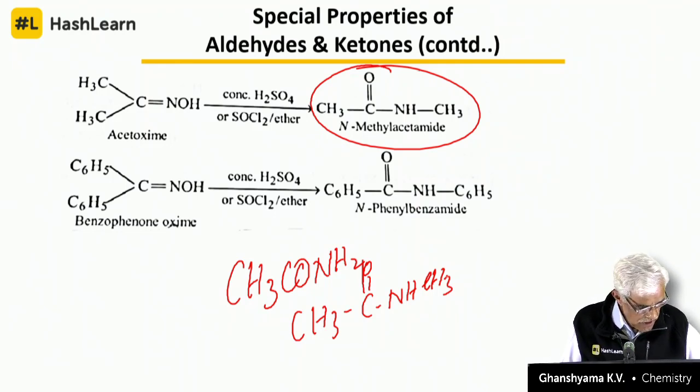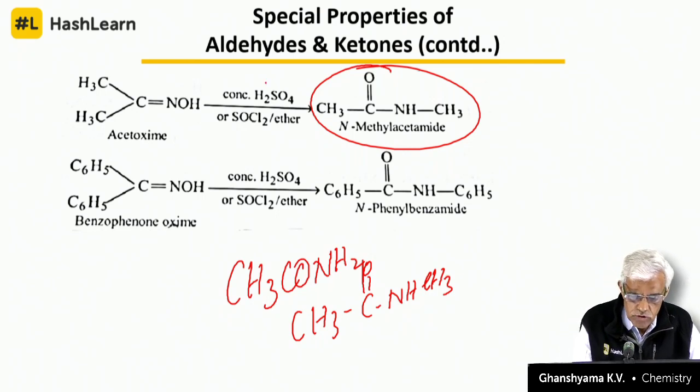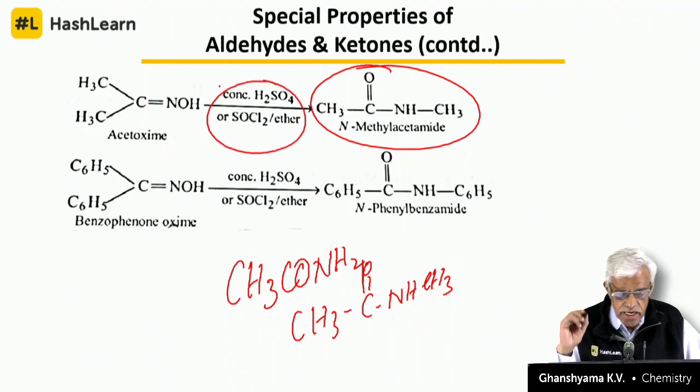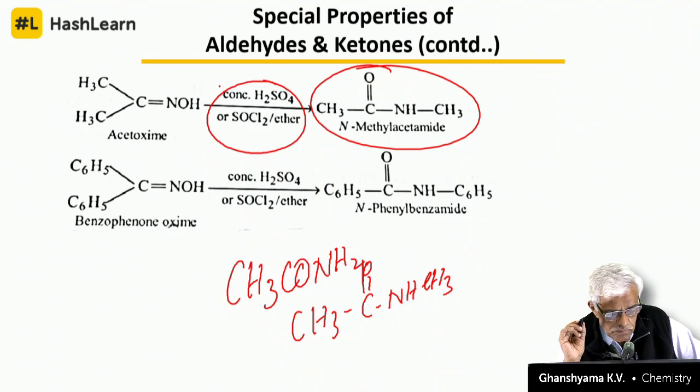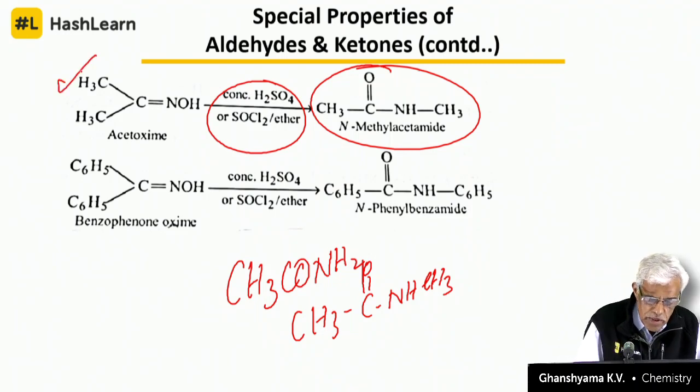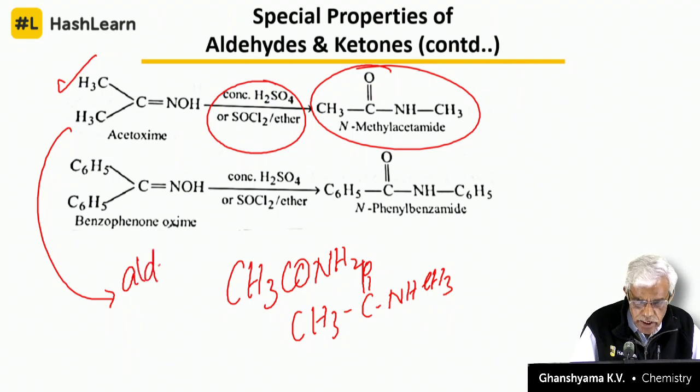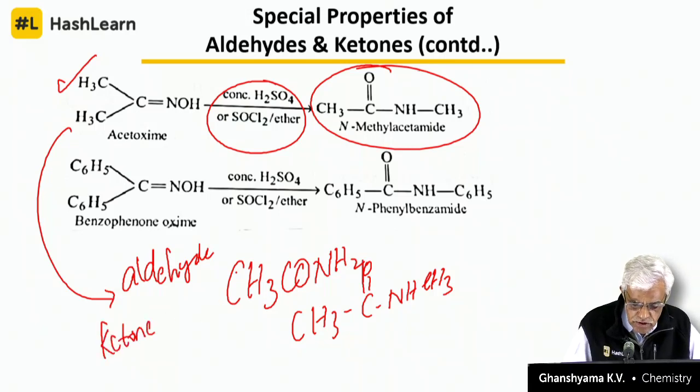So, this changeover is a very special reaction which is carried out by concentrated sulfuric acid or thionyl chloride in ether. So, this is oxime, and you know that oximes are obtained when an aldehyde or a ketone reacts with hydroxylamine.